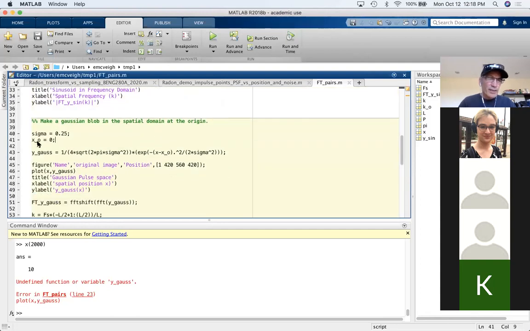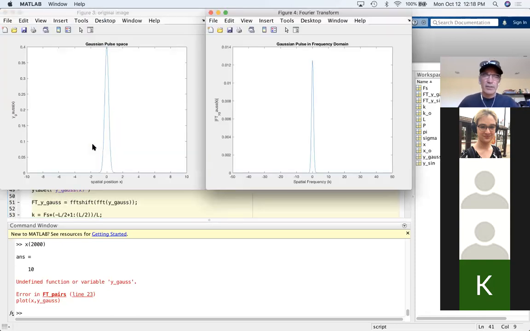That's this. So we'll put it at the center. We'll have the sigma of the Gaussian is 0.25. Let's see what it looks like. Okay, so here's the Fourier transform of a Gaussian that has a width of 0.25, where this is 1, 2, 3, right?